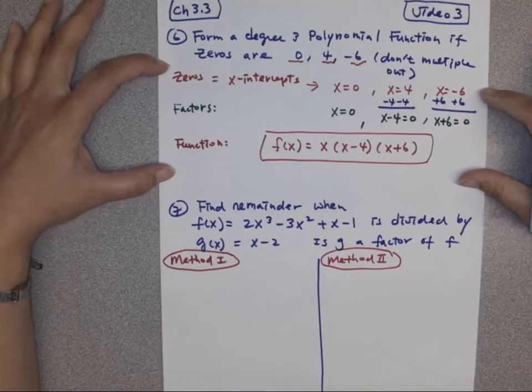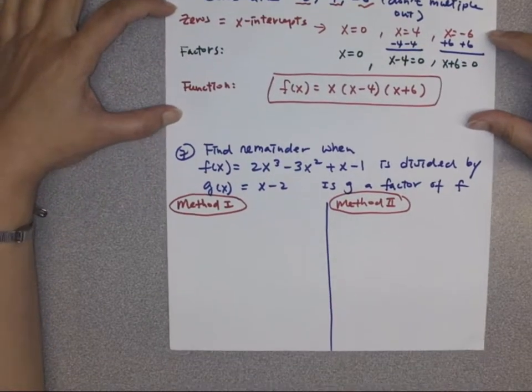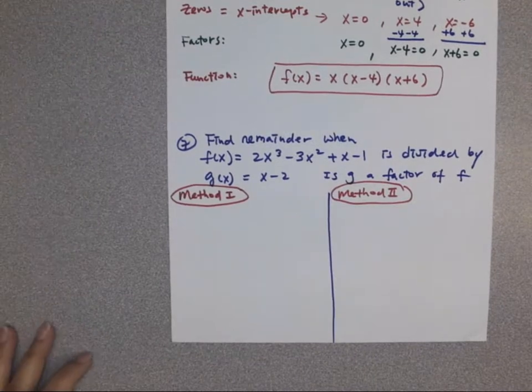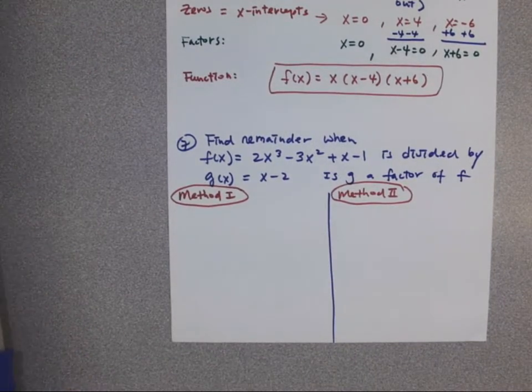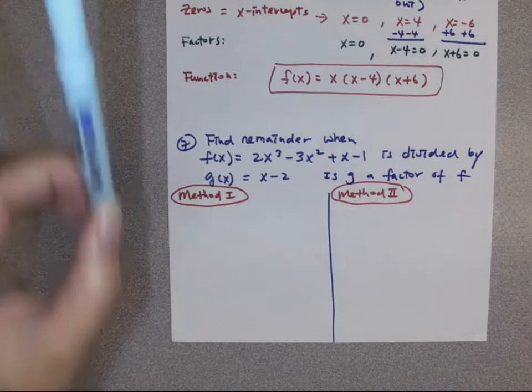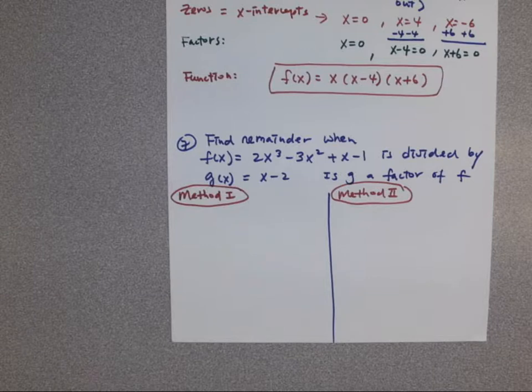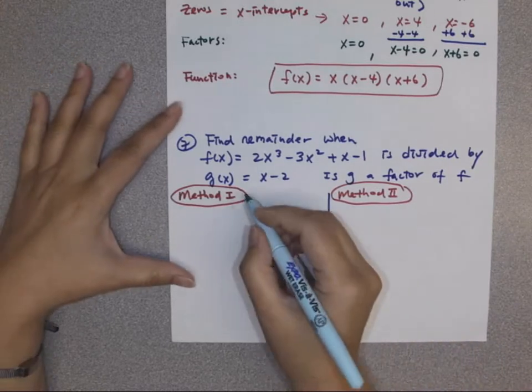Alright, so the next question, if you need to pause and write down the question, please do that. Find the remainder for the f of x function when it's divided by g of x. So there are 2 different ways to approach these questions. One of them, you can use the remainder theorem.